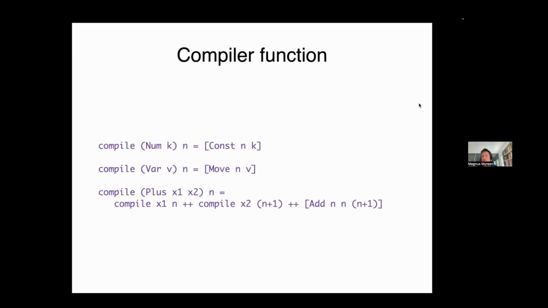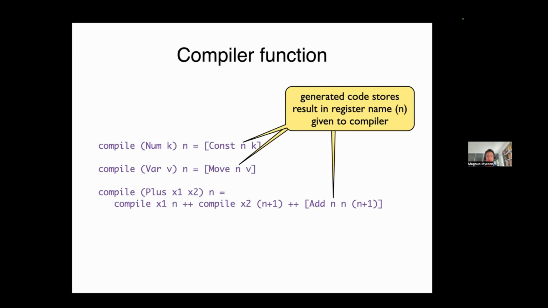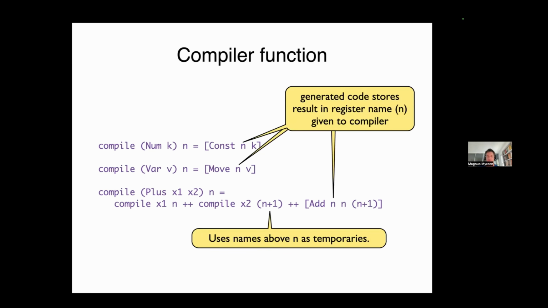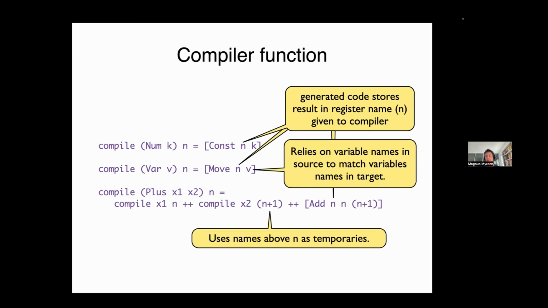There's a question: is it susceptible to clobbering? Yes, it is susceptible to clobbering. We need to make sure that n is larger than any variable. And that comes out in the compiler proof, that we have to have that n is sufficiently large. Yep, that's it. So this is the compiler.